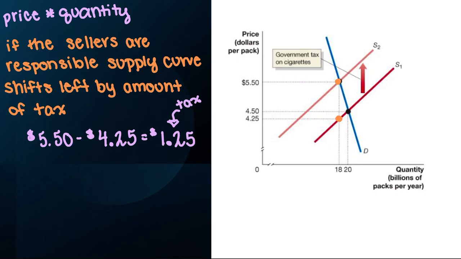We can calculate the amount of the tax that is being imposed on the buyers, and that's calculated as this difference right here. So $5.50 to $4.50. So $1 of this $1.25 tax is being paid by the buyer.